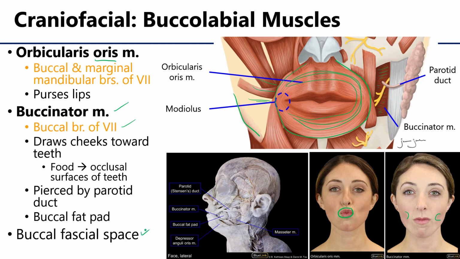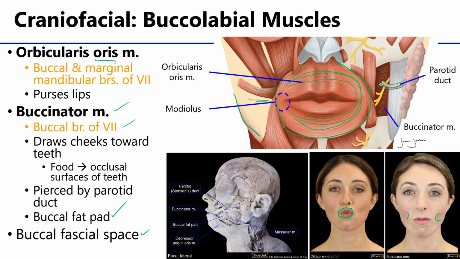And within that buccal fascial space, we have both the buccal fat pad, that large chunk of adipose connective tissue that gives the face more of a rounded, or some people refer to it as a youthful appearance. And we also have the parotid or Stenson's duct moving through that space as well.